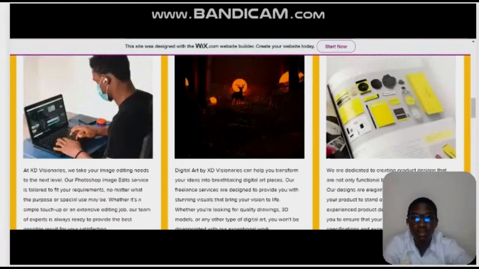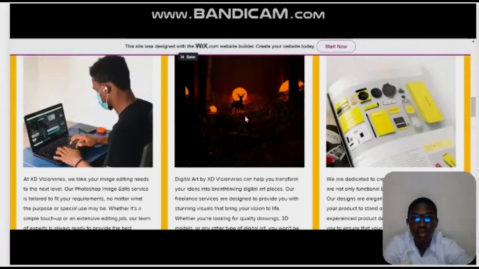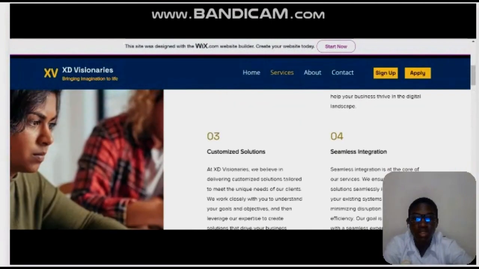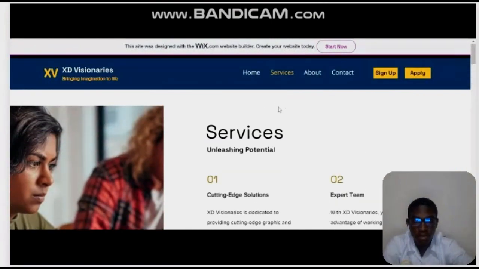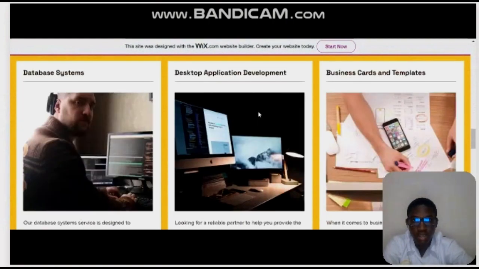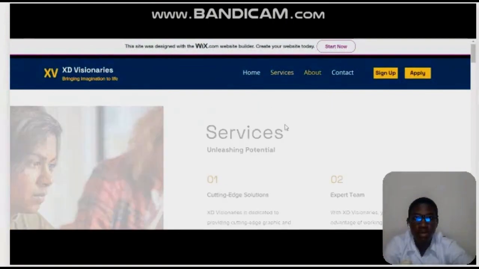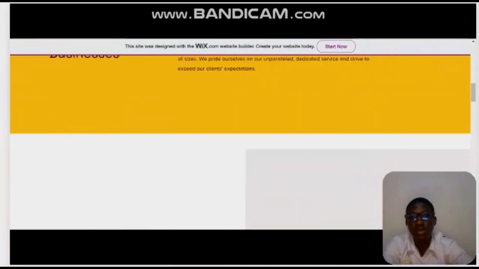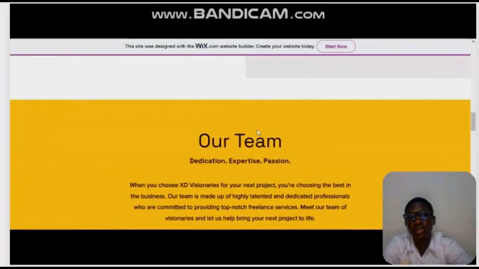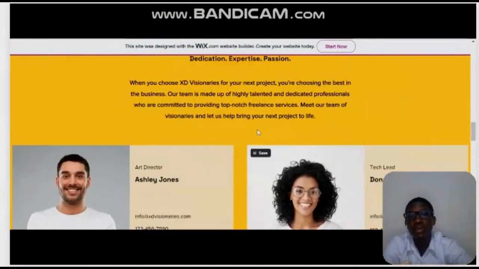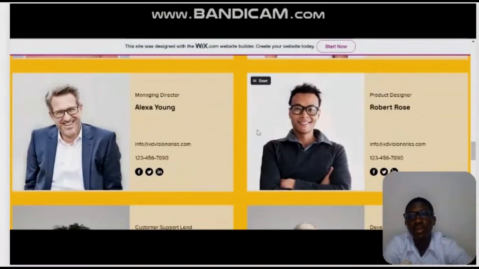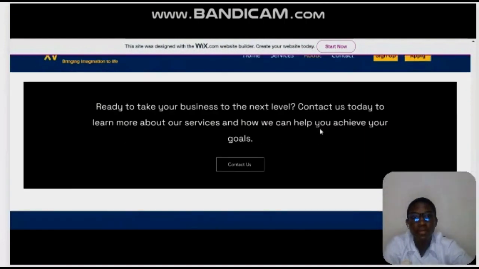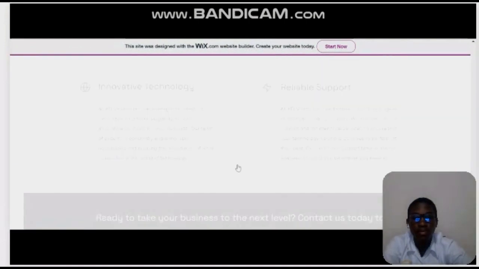It depicts the price of each service, the rating, as well as the lead person that will be in charge of that project in the case of interest. We also have the About Us page. The About Us page consists of the vision statement, the mission statement, and also a brief introduction of the team or the staff members of the freelance platform.